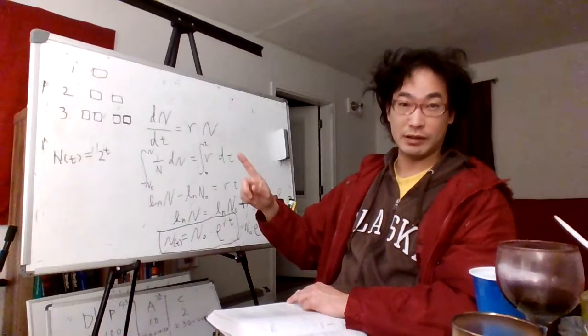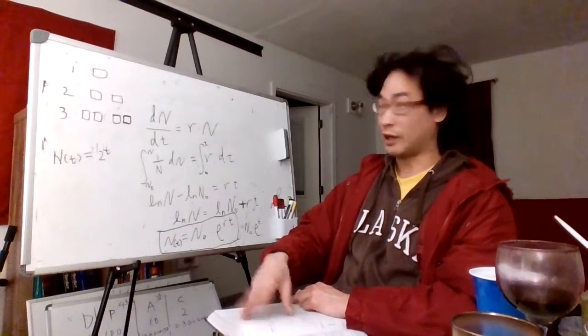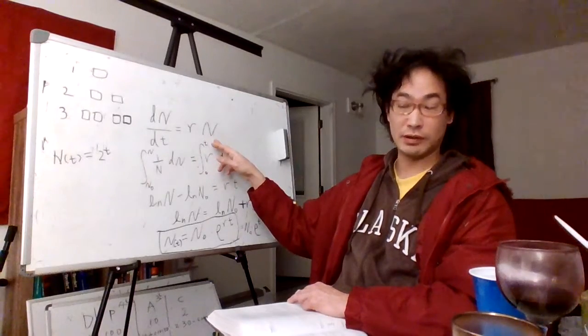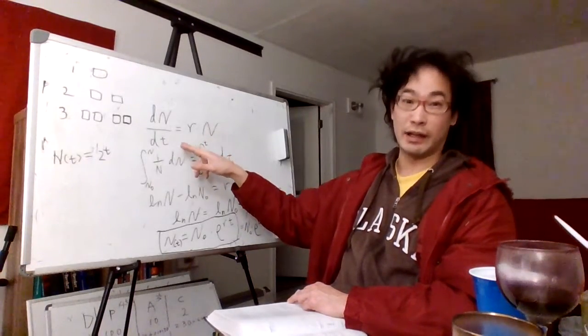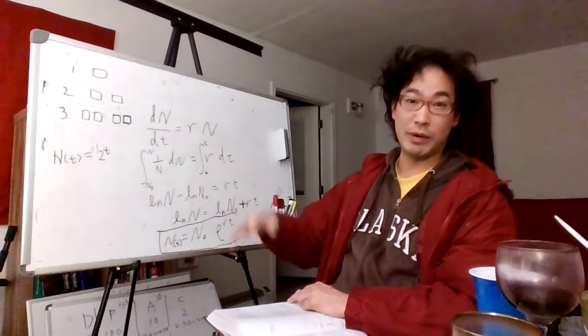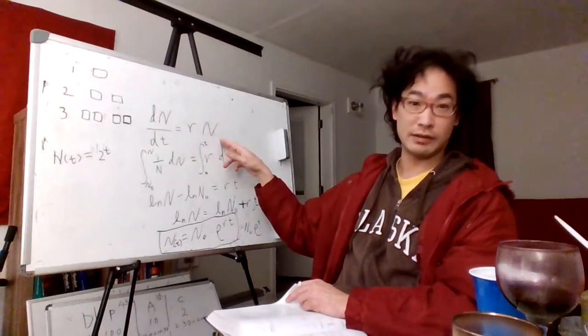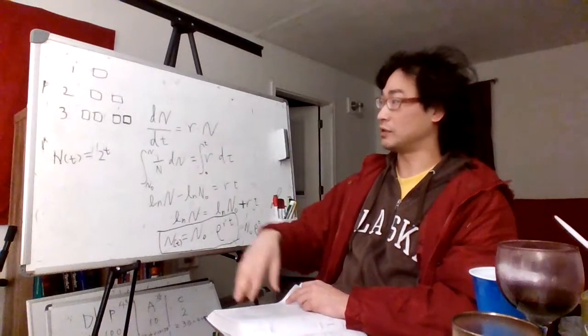Each adult rabbit gives birth to 3 baby rabbits, and there are 10 adult rabbits. So per day, what's the increase in rabbit population? How many brand new rabbit babies are there? 3 times 10. So that's what this differential equation talks about.